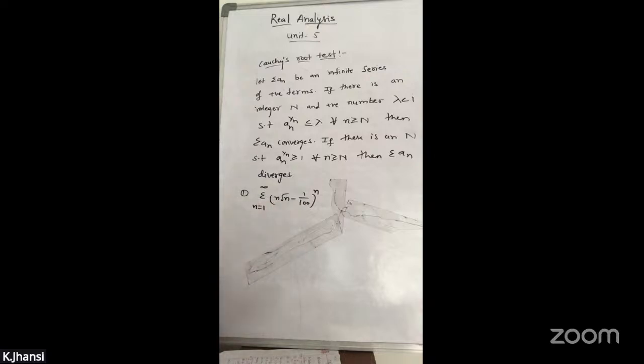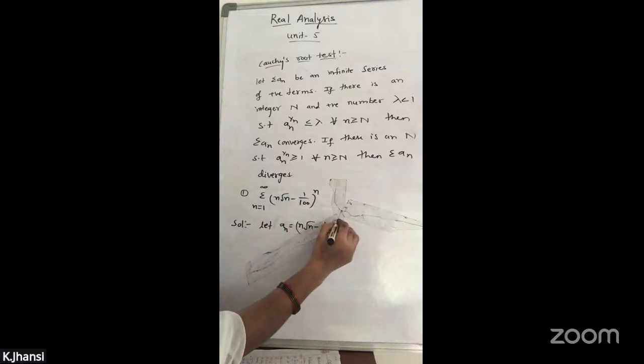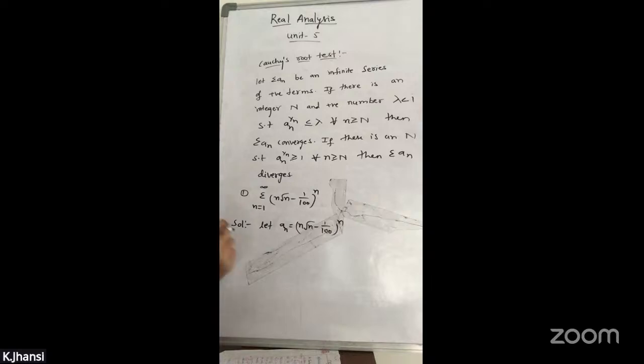So let an be equal to (n root n minus 1 by 100) to the power of n. Then an is greater than 0 for all n greater than or equal to 1.